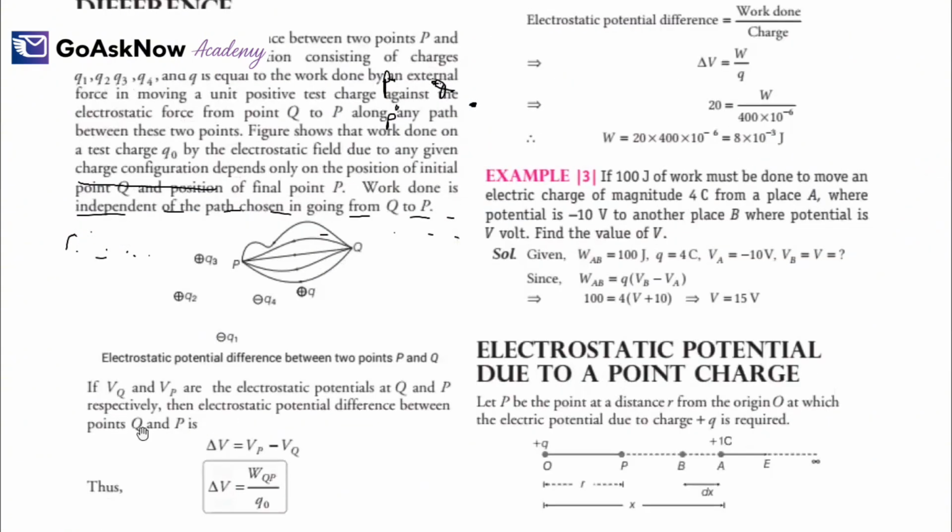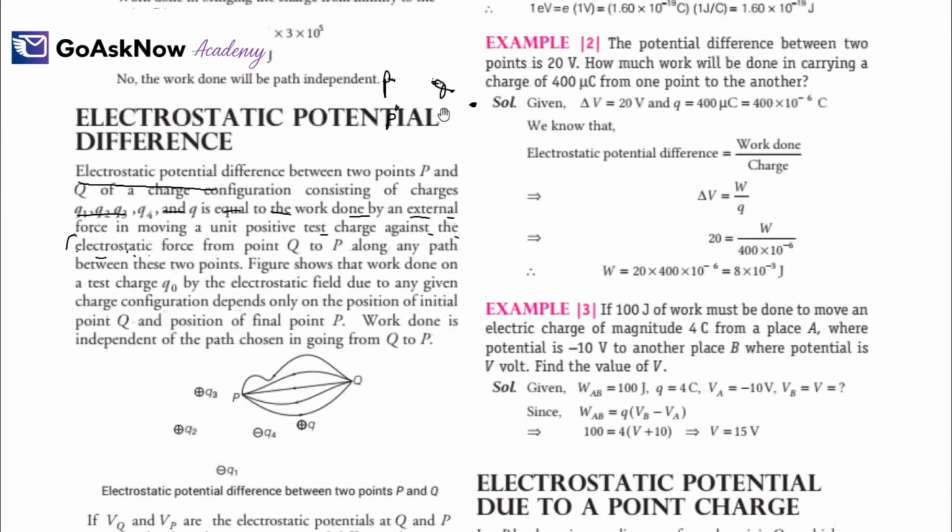What you can observe is that there is a point P and a point Q. Okay, so what is the definition further? Let's see. It is equal to the work done by an external force in moving a unit positive test charge against the electrostatic force from point Q to P. So if I have 2 points Q and P, then there is some work done against this field.